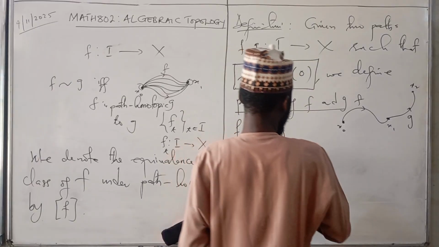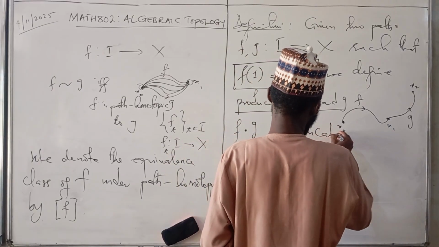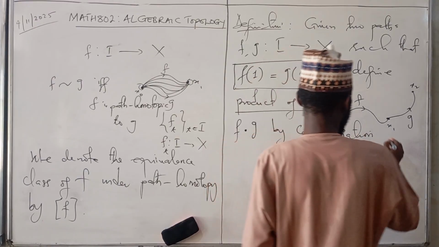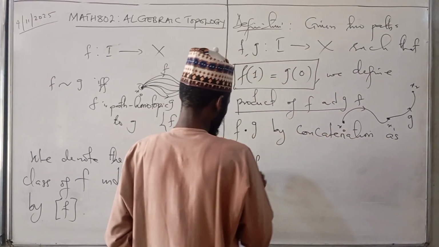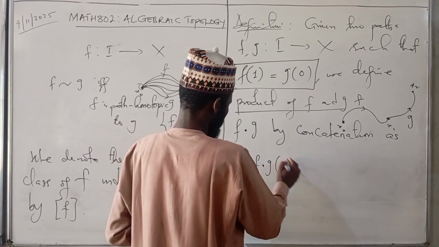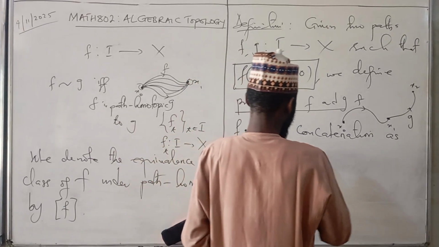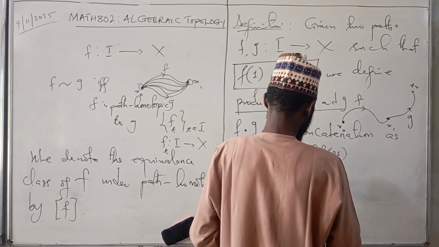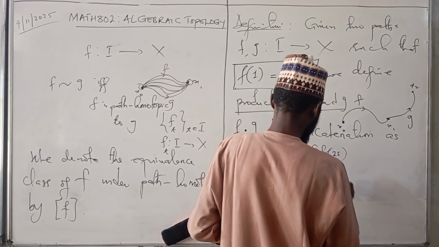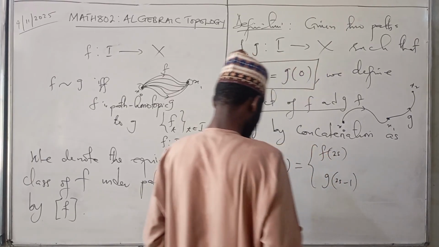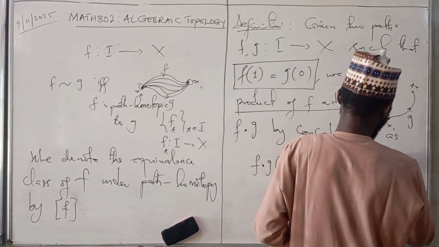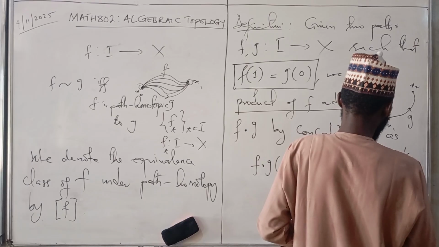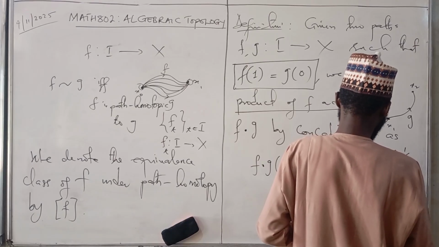By concatenation, as (f·g)(s) is equal to f(2s) and g(2s minus 1). The first holds where s is between 0 and a half, and the second where s is between half and 1.